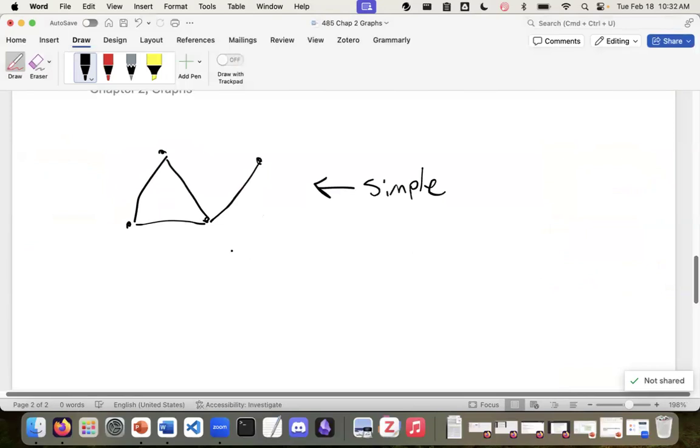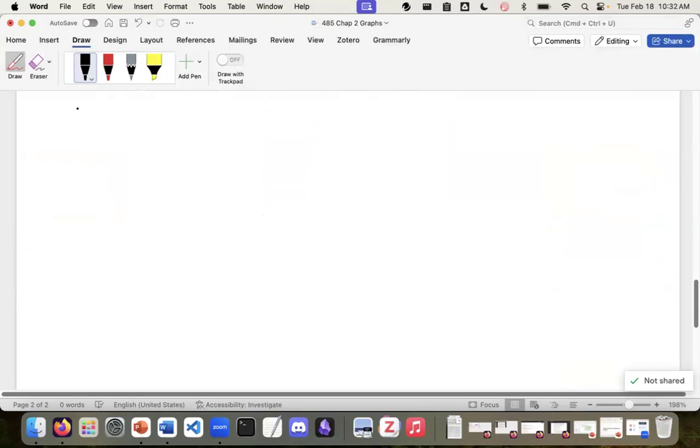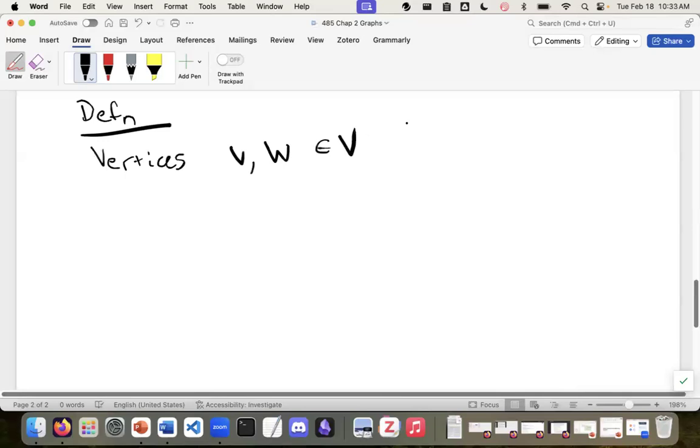All right, so now we need a new definition. So we're going to say that vertices, let's call two vertices V and W. We tend to just come up with letters like in algebra. So remember, this means, wow, I'm so bad at drawing curly brackets.